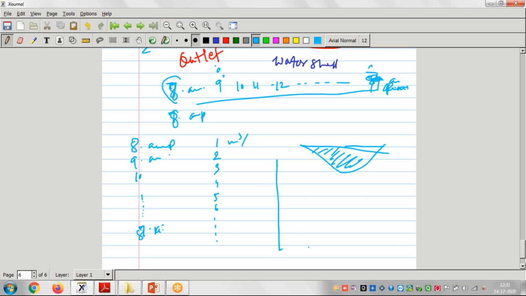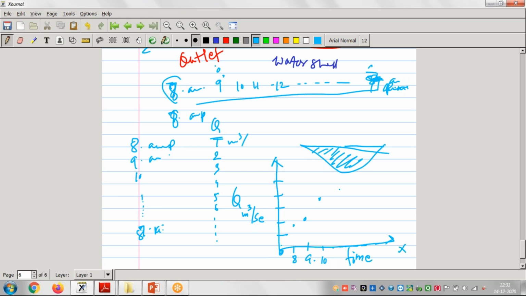And we will draw this into a graph. This time we will take on the x-axis, and on the y-axis that will be my discharge, Q in meter cube per second. For example, in the morning, say 0, we started at 8 a.m., right? 8, then 9, then 10, likewise, for 24 hours. At 8 a.m. there was, suppose, 1 meter cube, then 2, 3, 4, 1, likewise.